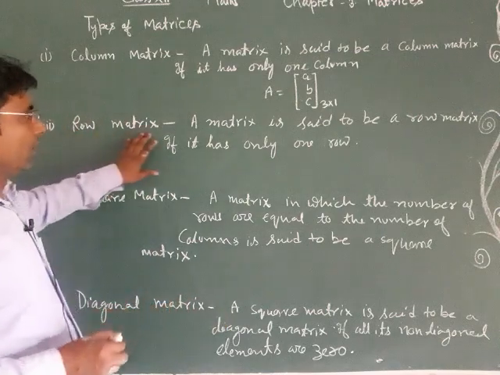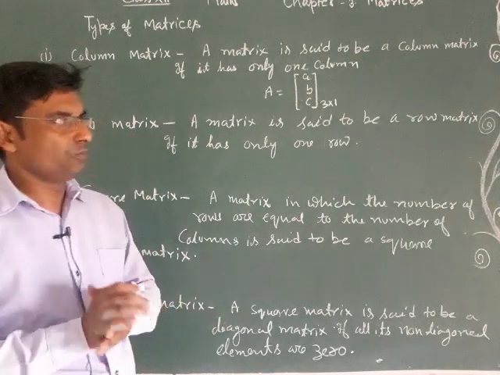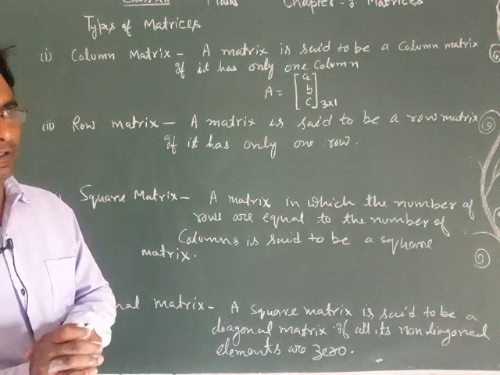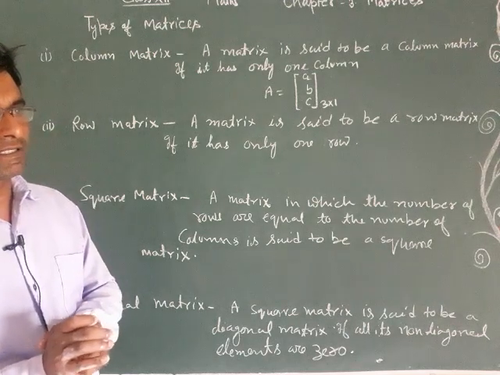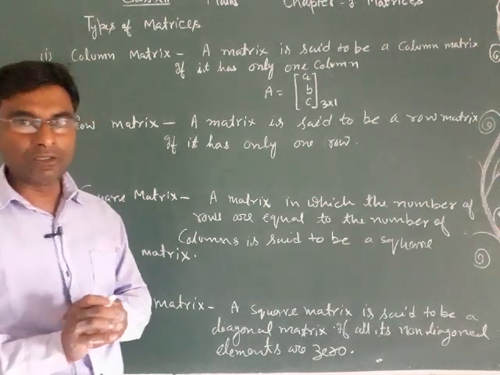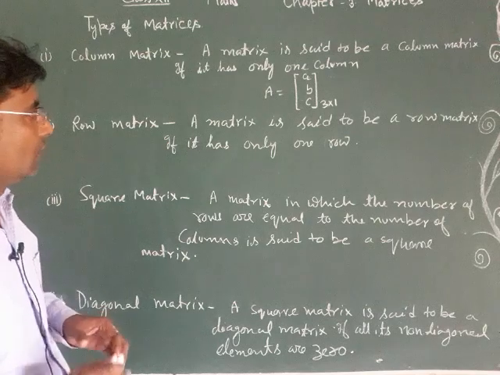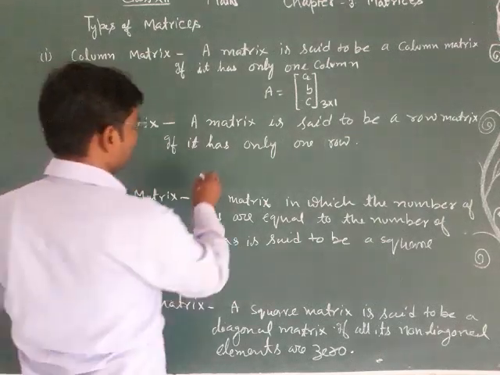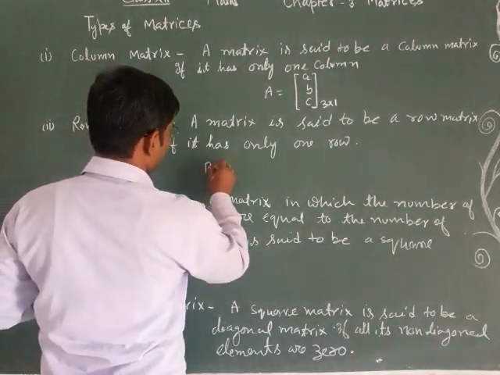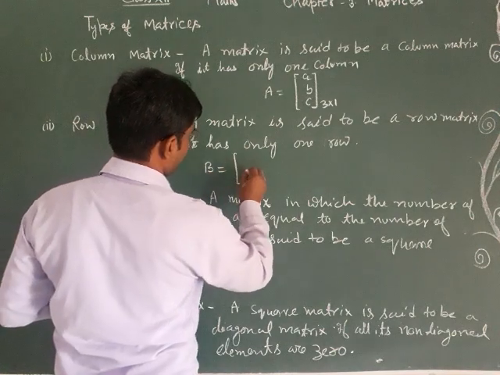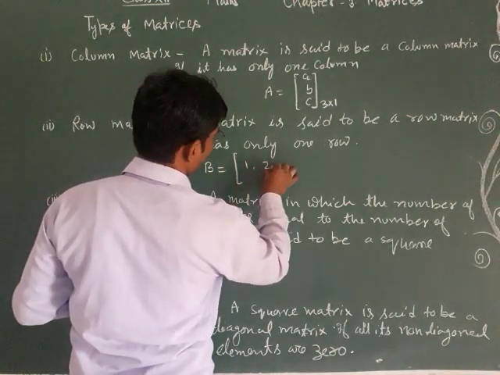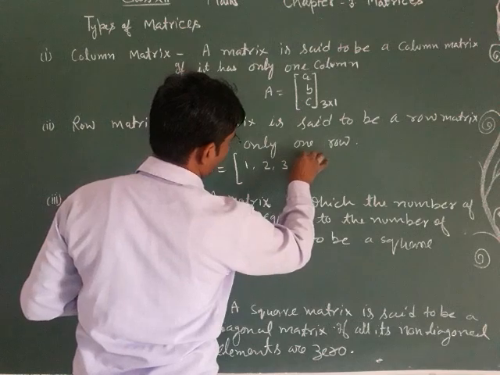Second, row matrix. A matrix is said to be a row matrix if it has only one row. Example, let matrix B be 1, 2, 3, 4.